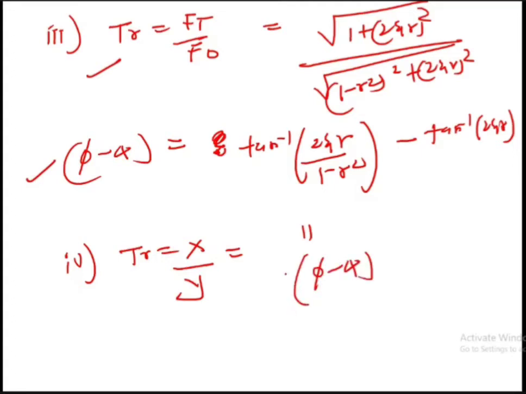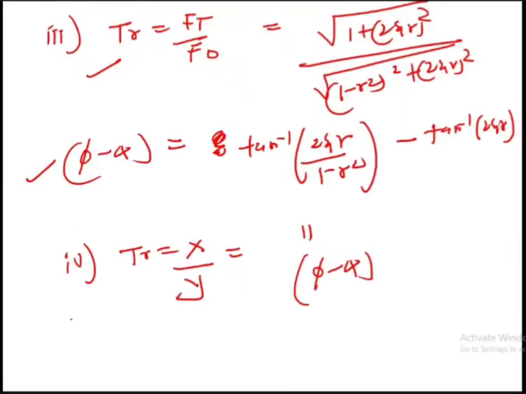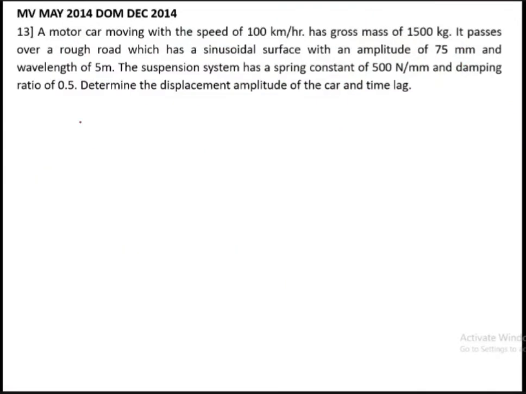And lastly, we have derived the formula for the relative amplitude. I will write it down here. The formula which we derived was Z upon Y, where Z is the steady state relative amplitude.